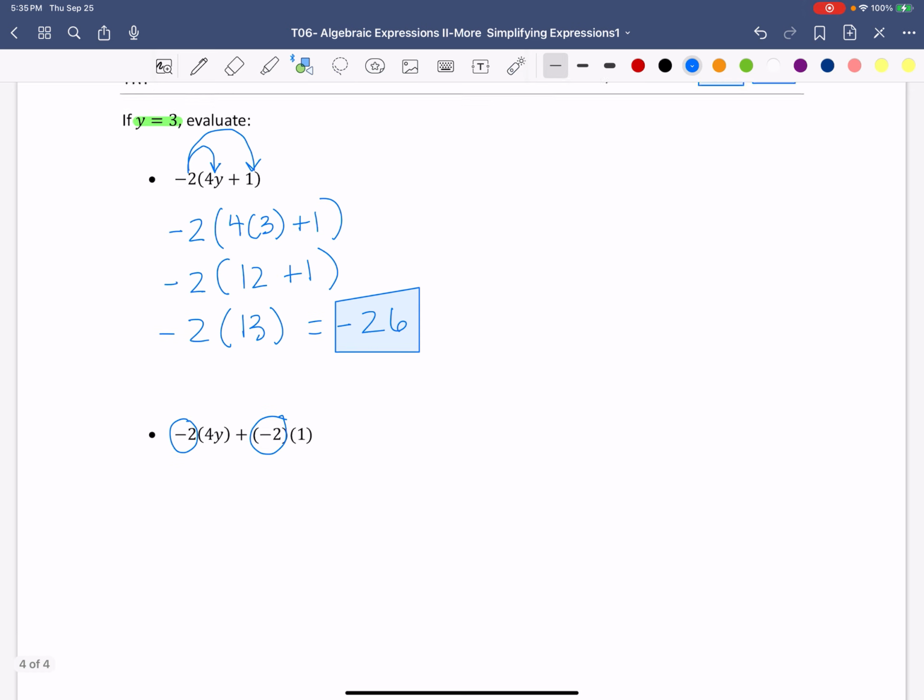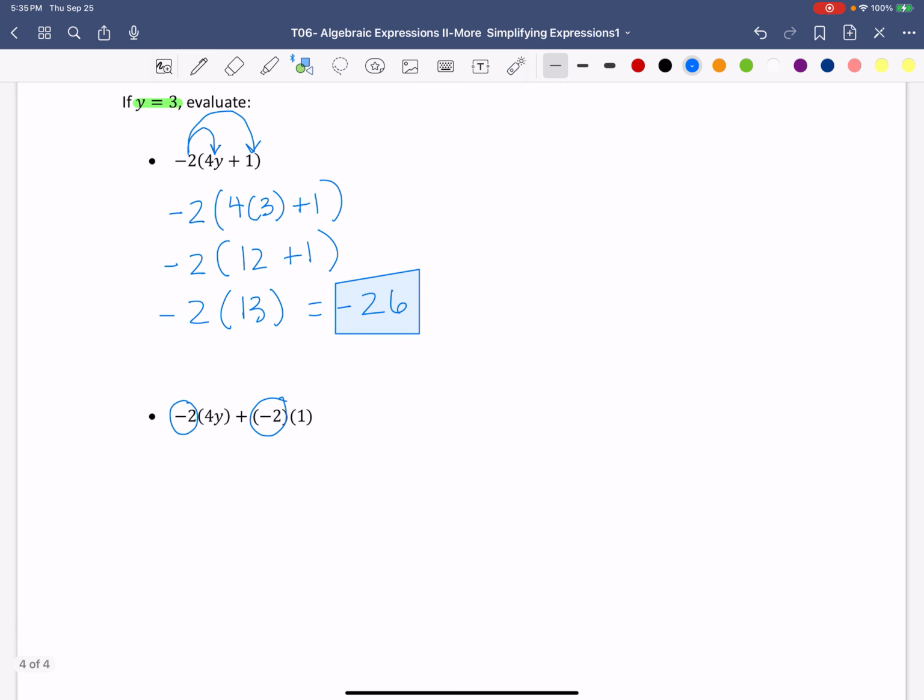But let's say instead of just substituting in that y equals 3, what happens if we distributed first? Let's try it now. So for this example, we distribute out that negative 2 into the bracket, opened it all up. So from here, we could do the same thing. We could go through and continue to simplify this. So this is negative 8y minus 2. And then we could do the substitution for the 3.